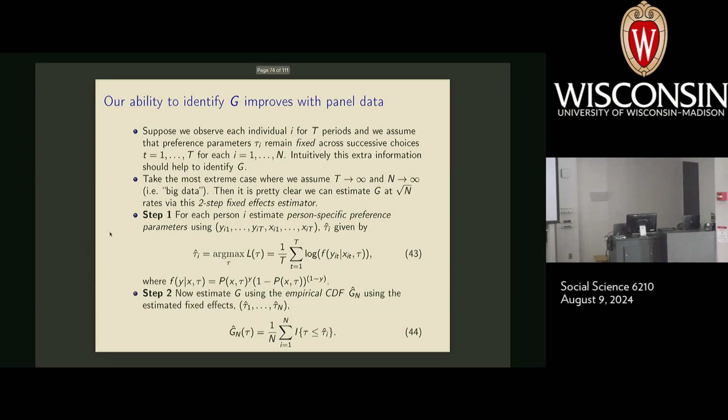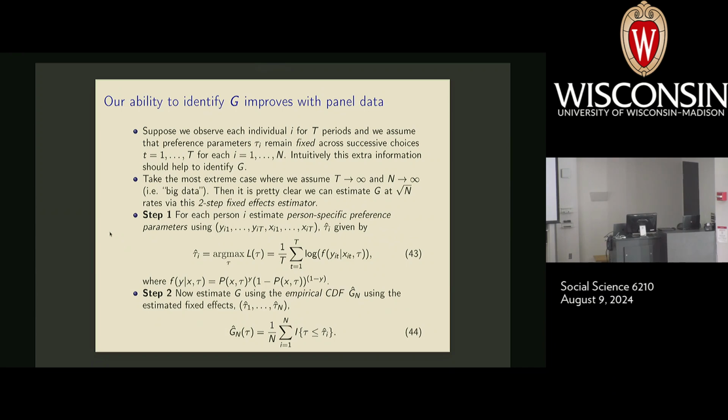Now, let's take panel data. So let's now assume we have binary panel data. You have binary choices. You see each person T periods. The x's are independent, so it's like T times deciding whether or not to buy at different prices for each person i. People are independent. The first thing you might say is, what about fixed effects?